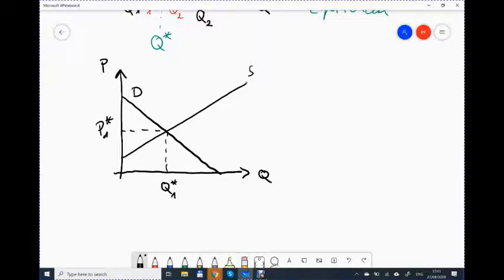Now, it is possible using simply shifting the different curves to model what's going to happen if something unexpected, some kind of change in the exogenous factors, we call these shocks, occur.